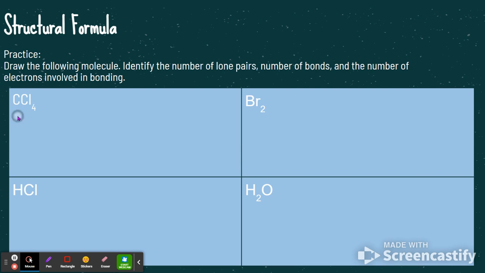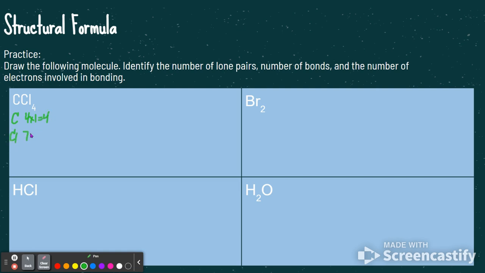So carbon has, let me use my pen. Let's change to green. We'll go green for a bit. Carbon has 4 times 1, so that's just 4.